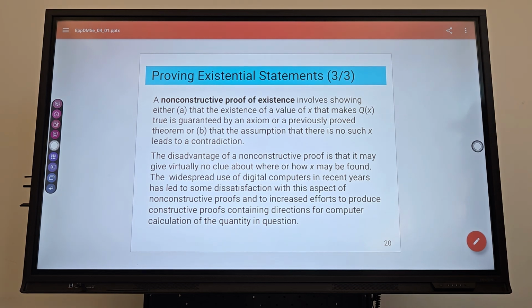Now, the disadvantage of a non-constructive proof is that it may give virtually no clue about where or how x may be found. The widespread use of digital computers in recent years has led to some dissatisfaction with this aspect of non-constructive proofs and to increased efforts to produce constructive proofs containing directions for computer calculation of the quantity in question.